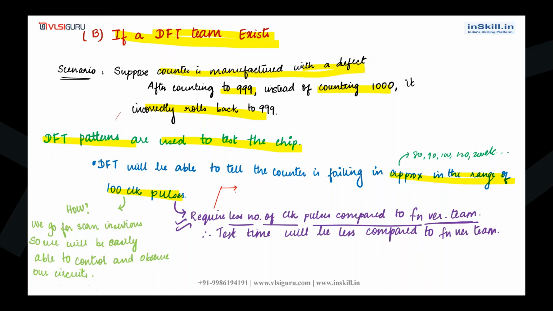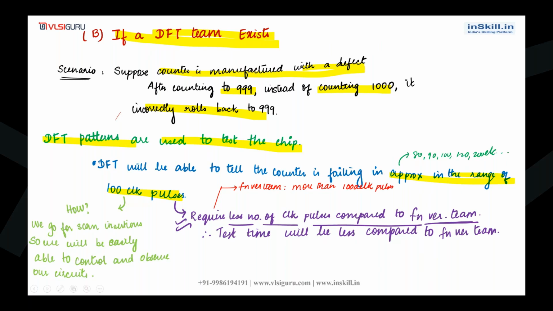For the same situation, the functional verification team had required more than 1000 clock pulses.